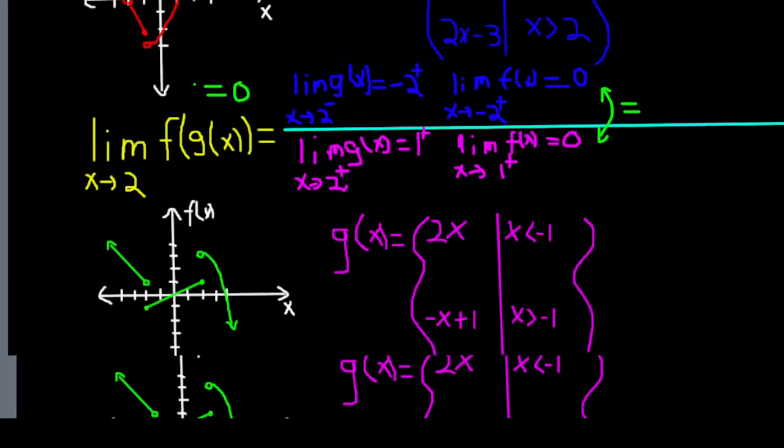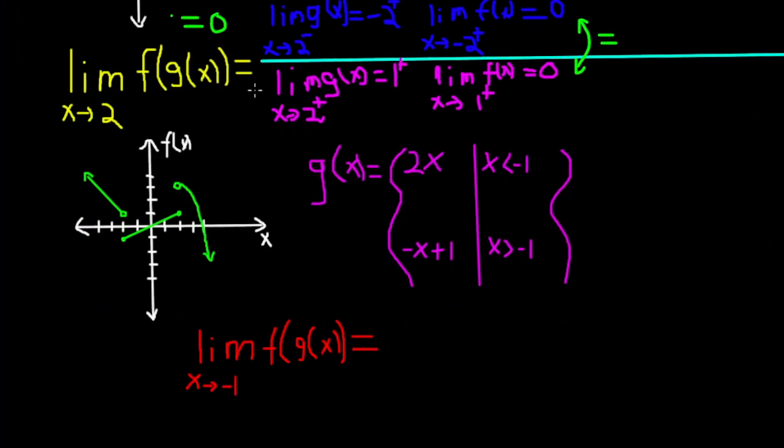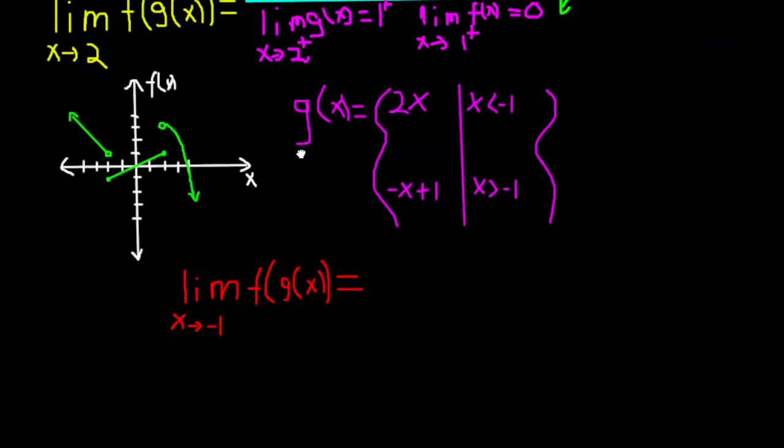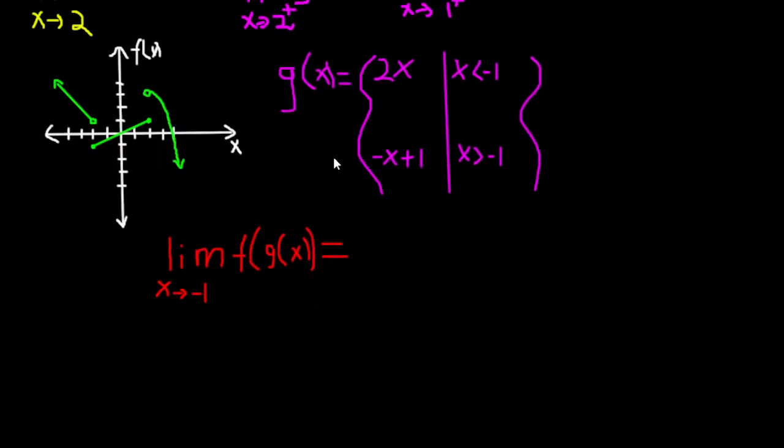All right, what's next? All right, f of x, it's got 2 discontinuities. G of x has got 1. So we're going to do the same thing we just did. We're going to look at the one-sided limits one at a time.